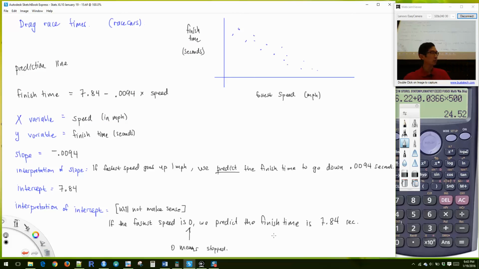I've got a similar example in the practice quiz, and you'll definitely see something like this on next week's quiz, where I'm going to ask you to interpret the slope and intercept. Lucky for you, it's multiple choice, so you don't have to formulate all of these things.